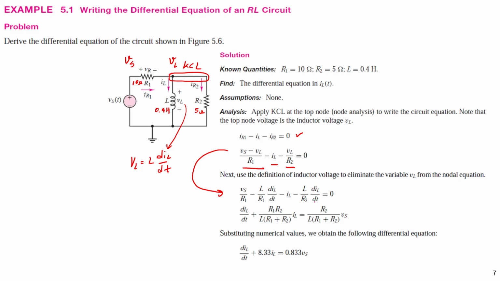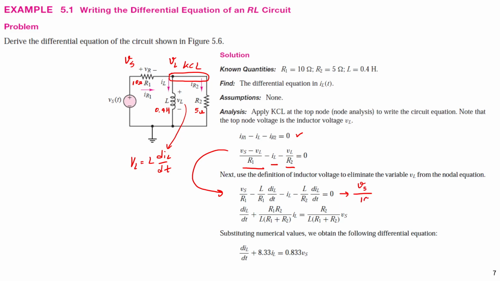So here we can rearrange this equation into dIL by dt, and IL here, equal to R2 divided by L multiplied with R1 plus R2.